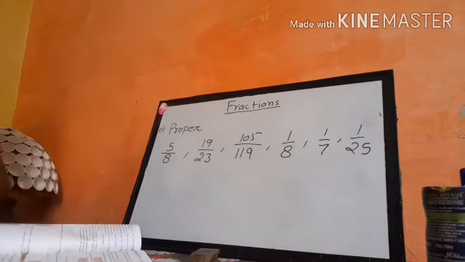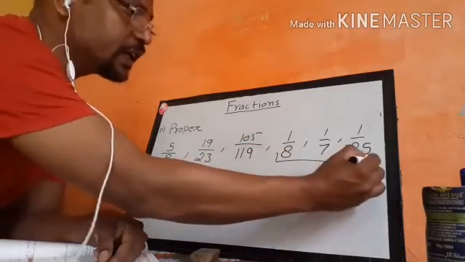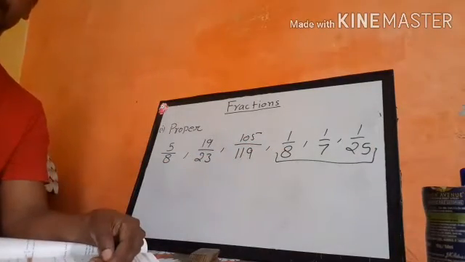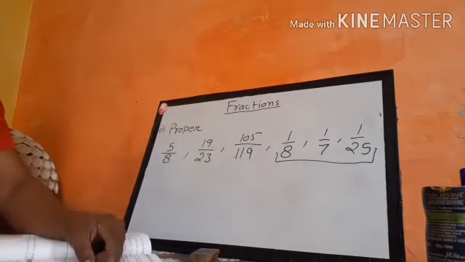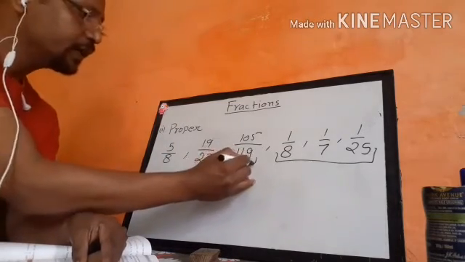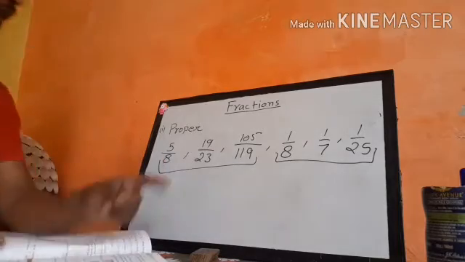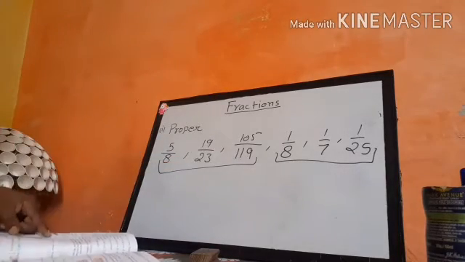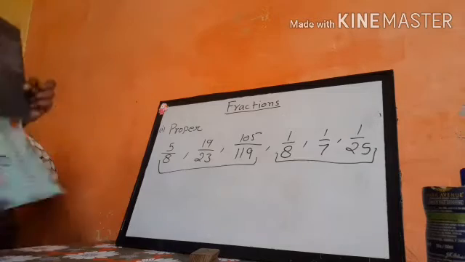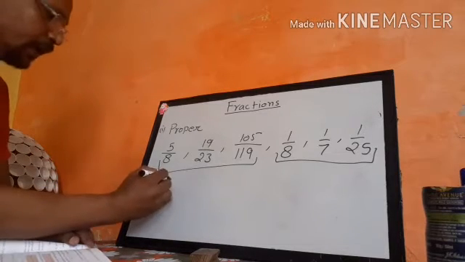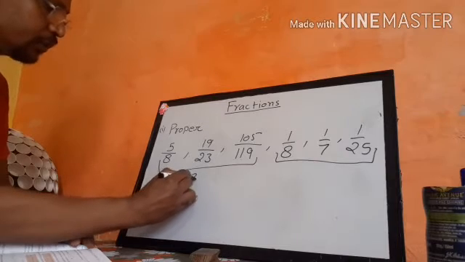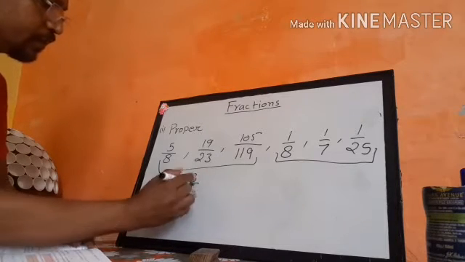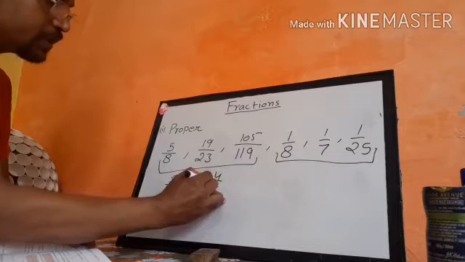Guys, you can see these are the unit fractions. It means unit fractions are also a kind of proper fraction. Here they are unlike fractions, and they are also proper fractions. And one more example, like 2 upon 7, 3 upon 7, 4 upon 7.